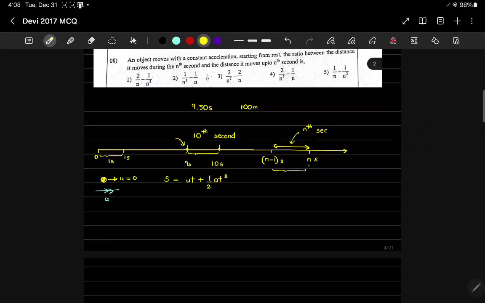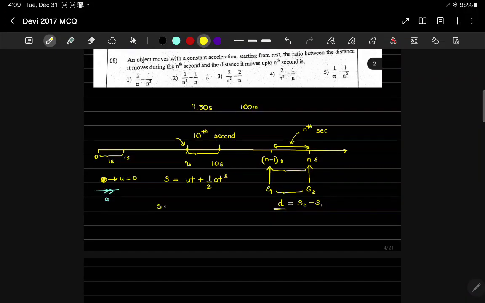So for that we need to find out the distance that it moved up to this point and the distance that it moved up to this point. Let's say the distance up to this point is s2 and this one is s1. So the distance that it moved during the nth second, let's say d, is equal to s2 minus s1. Our goal is to first of all find out what d is.